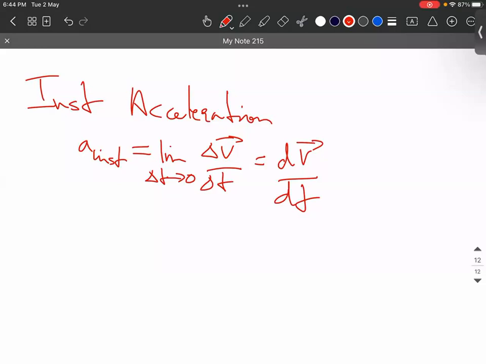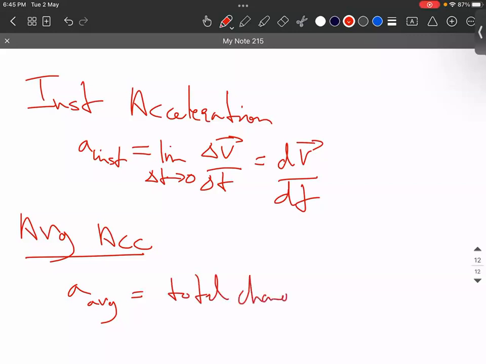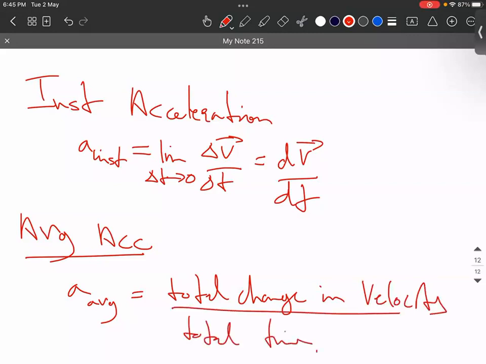And if I want to write average acceleration, I can write it as AVG. Just for your understanding. Clear? Yes. I will write it.